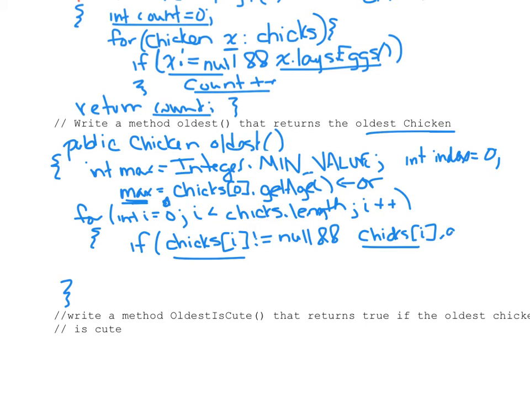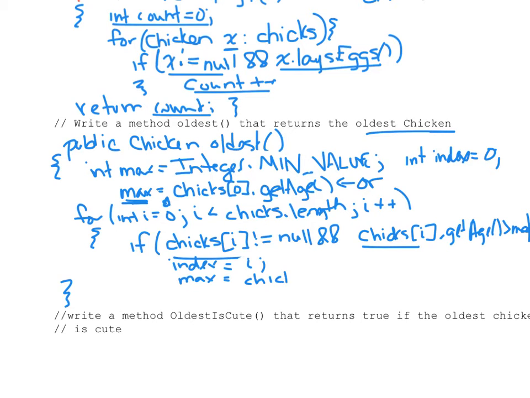So I'm going to get the age. And if that age is greater than the max, then I am going to keep track of the index. You can either keep track of the index or keep track of the actual chicken. Doesn't make any difference. So the index is equal to I. And the max is that value that I just got.